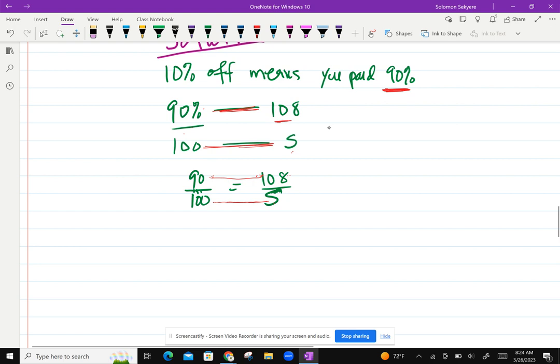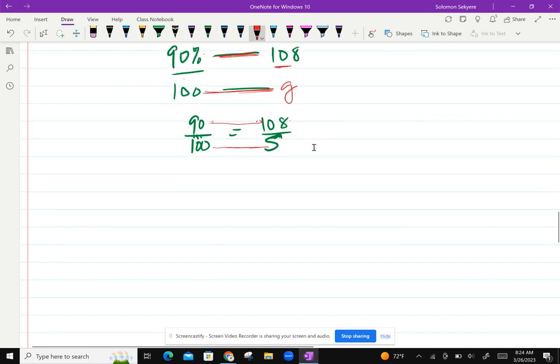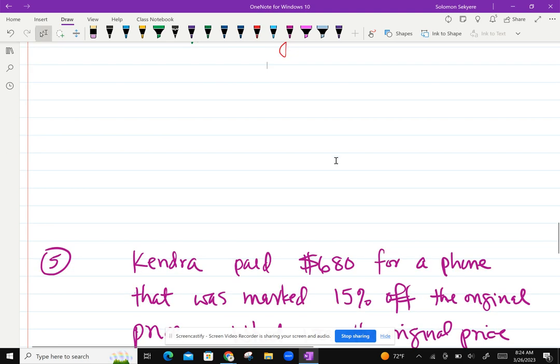Let's not use S. We can use O, but O we might confuse for a 0, so we're going to use the letter G. Then you cross multiply. Find your G. Cool.